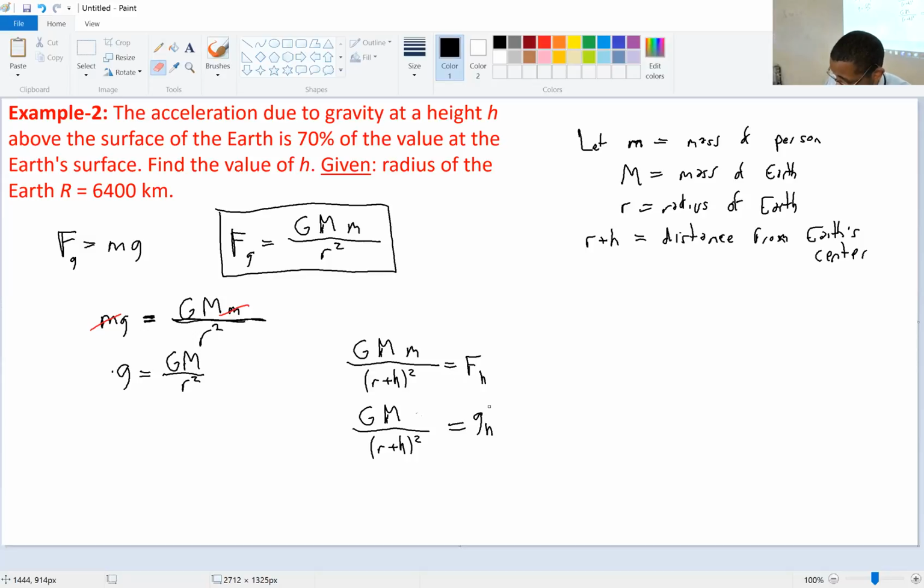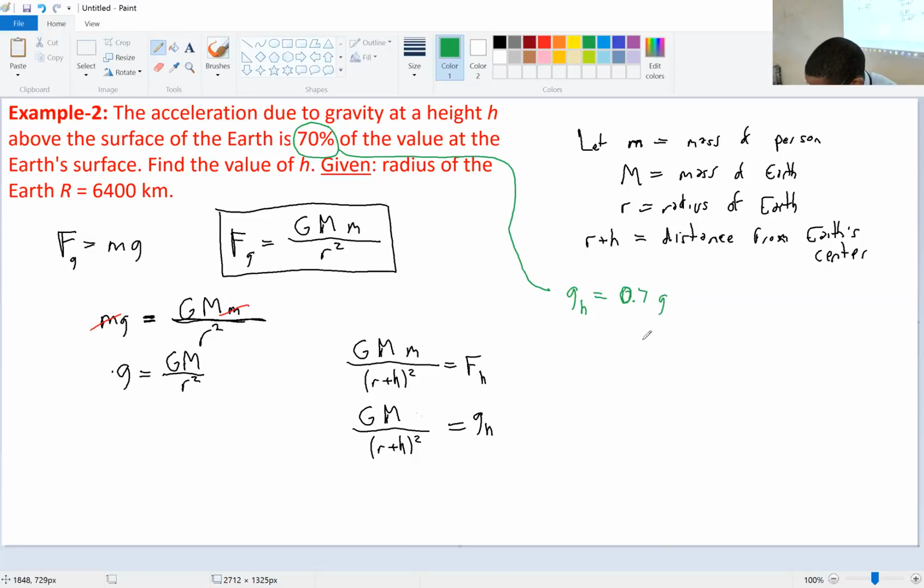So again, I'm going to do some algebraic manipulation because this 70 is going to come into play. How do I want to write this? So it says that the acceleration due to gravity at height h equals 70%, so 0.7 of the value at the Earth's surface, which is the normal value.